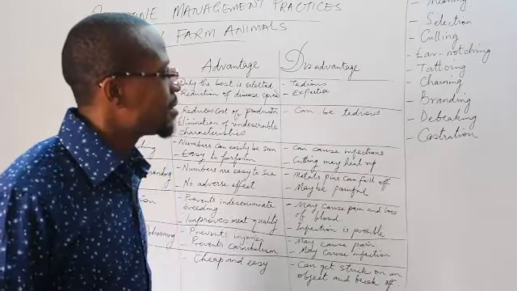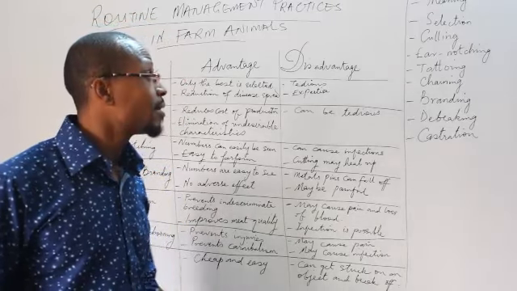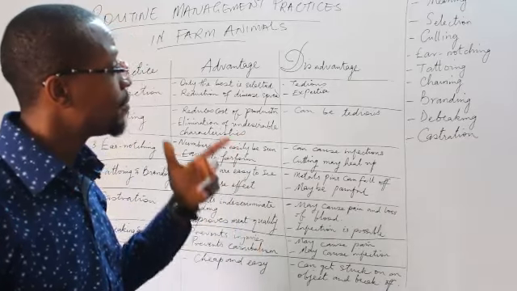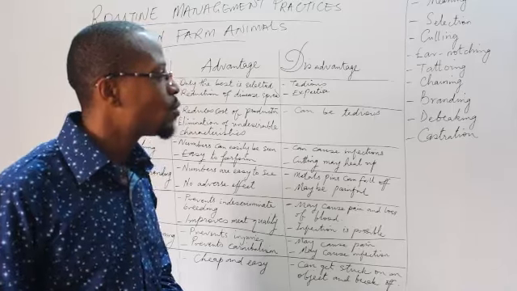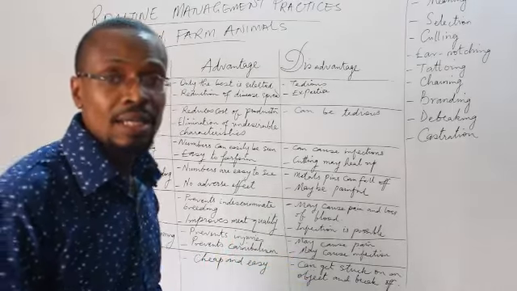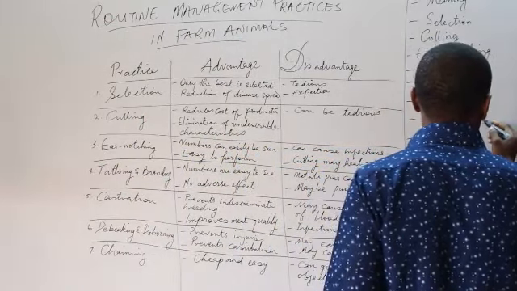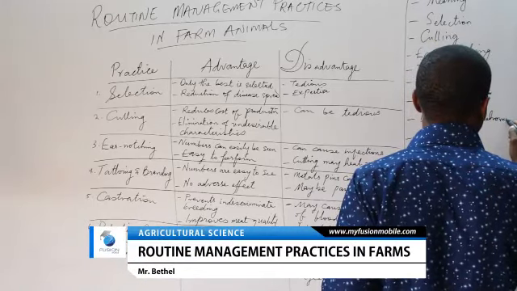management practices. Under this heading, we have selection, we have culling, we have ear notching, we have tattooing, we have chaining, we have branding, debeaking, and of course, talking about debeaking, you can include dehorning there.